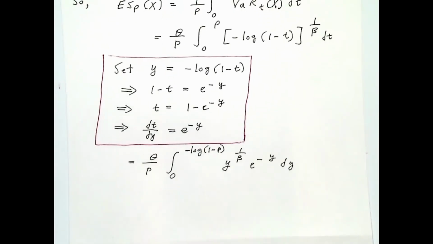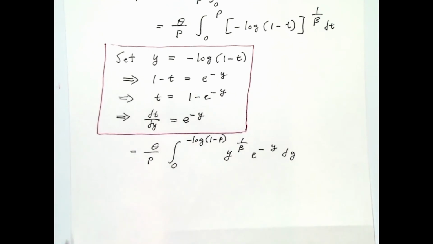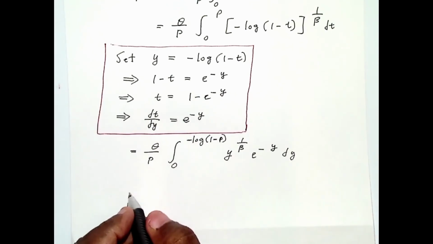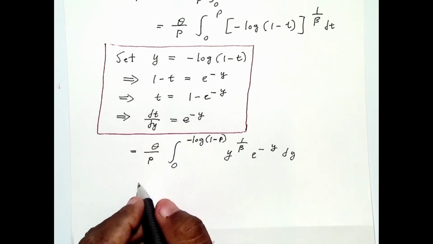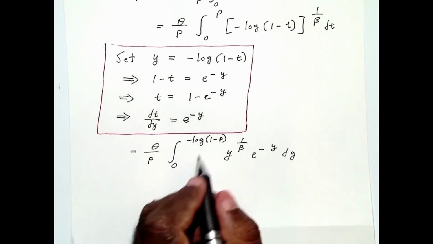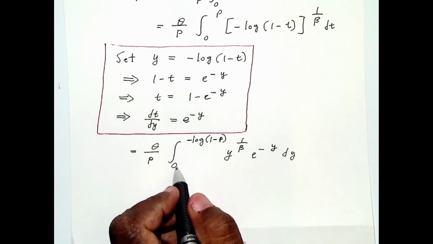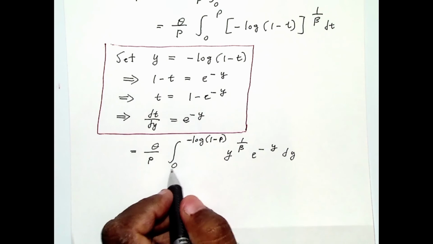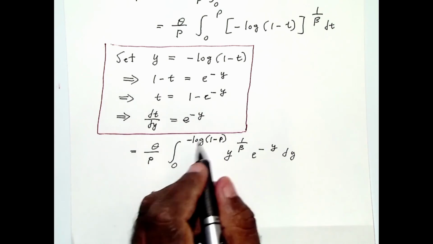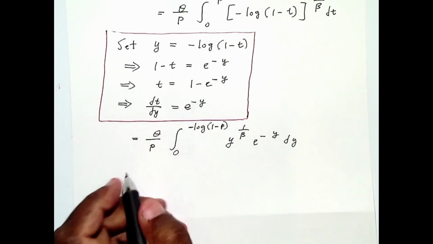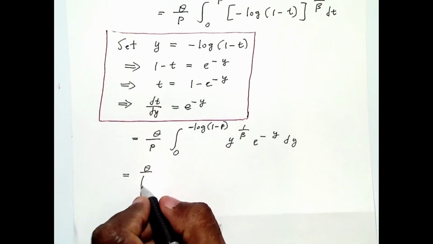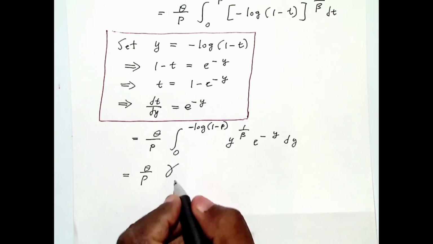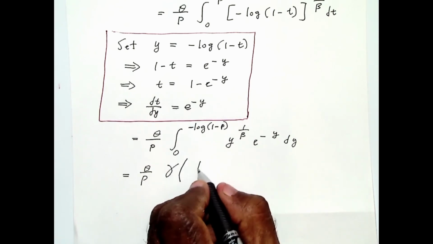Now this kind of integral is known as the incomplete gamma function.